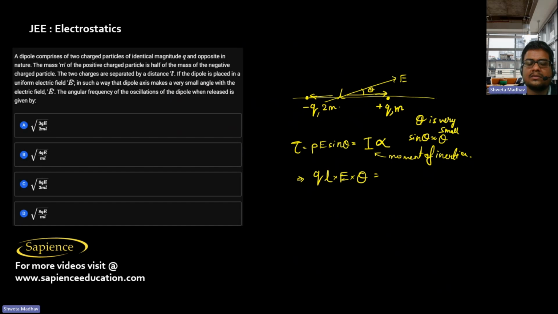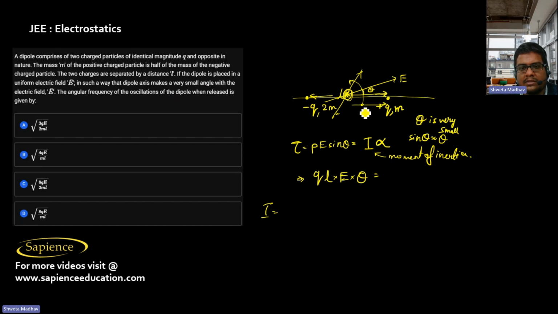The axis of rotation is inwards, since it is rotating in the electric field, it will rotate to and fro like this. So the axis is inwards. So I can say the moment of inertia will be equal to mr square.